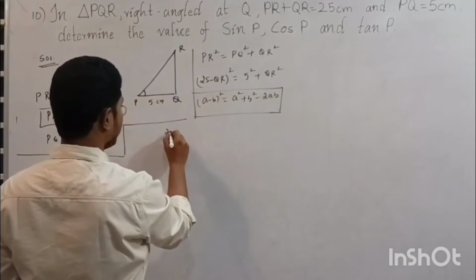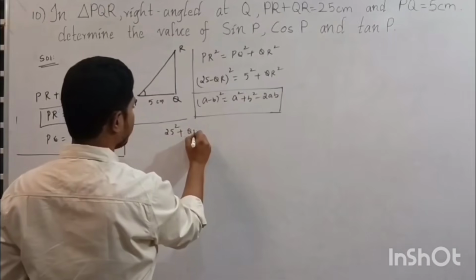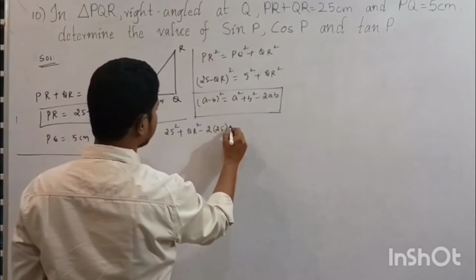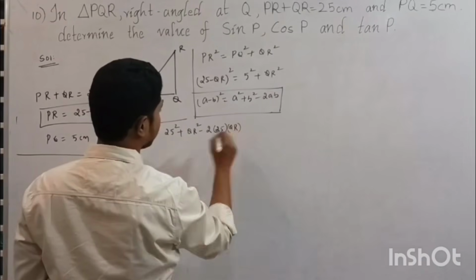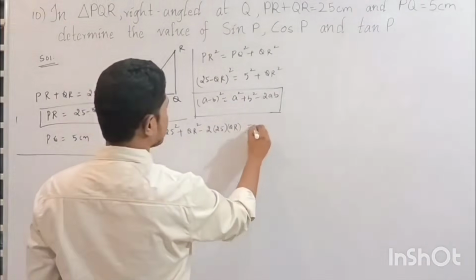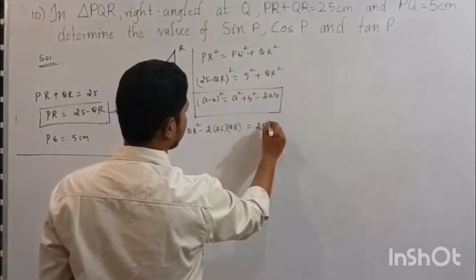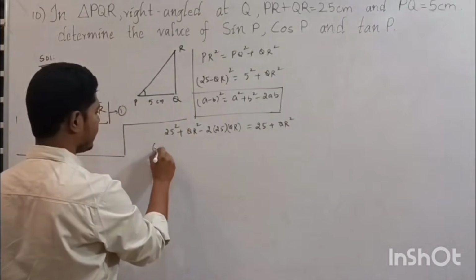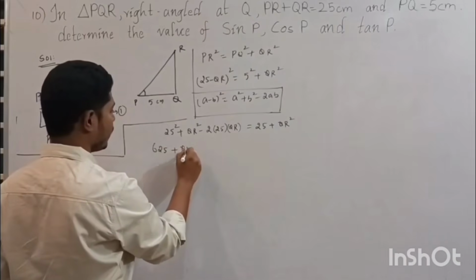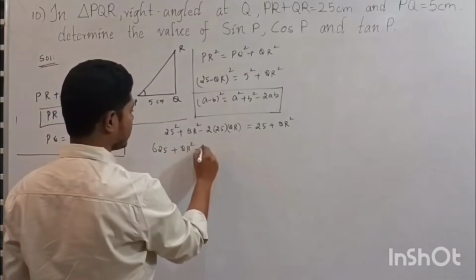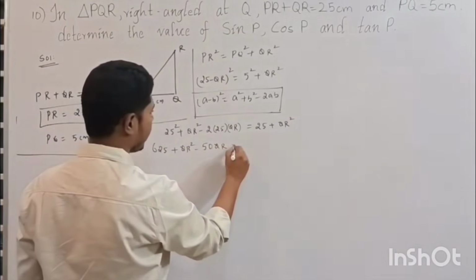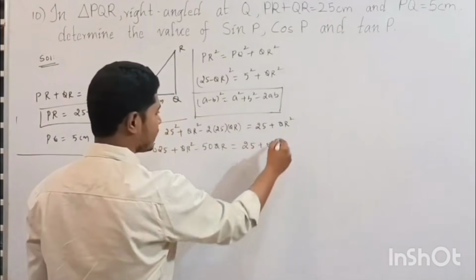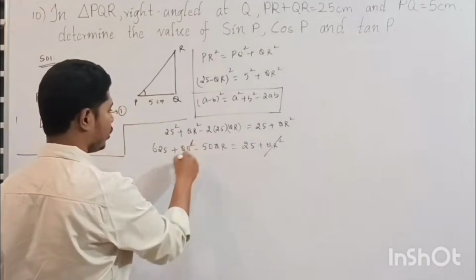That is equal to 25 square plus QR square minus 2 into 25 into QR, is equal to 5 square plus QR square. That is 625 plus QR square minus 50 QR is equal to 25 plus QR square. I will cancel QR square and QR square.